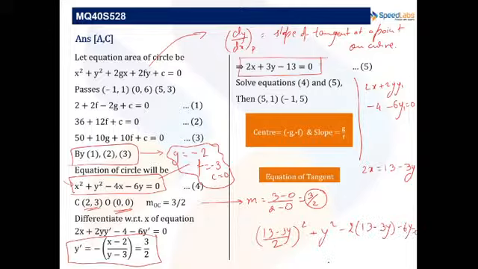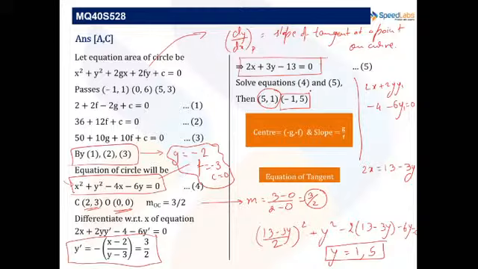Solve these and you will get the value of y. So it is a quadratic, so you will get two values of y, which will come out to be 1 and 5. So for y equals 1, we will get x equals 5, and for y equals 5, we will get x equals minus 1. In this manner, we can solve this equation.